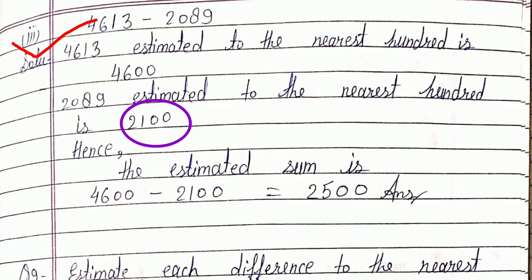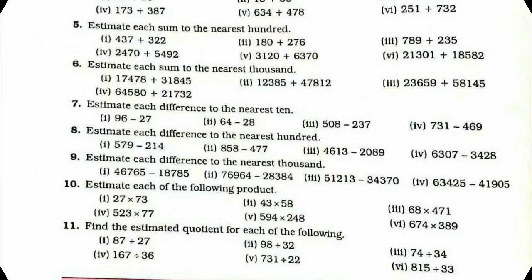Hence the estimated difference is 4600 minus 2100, which is equal to 2500.